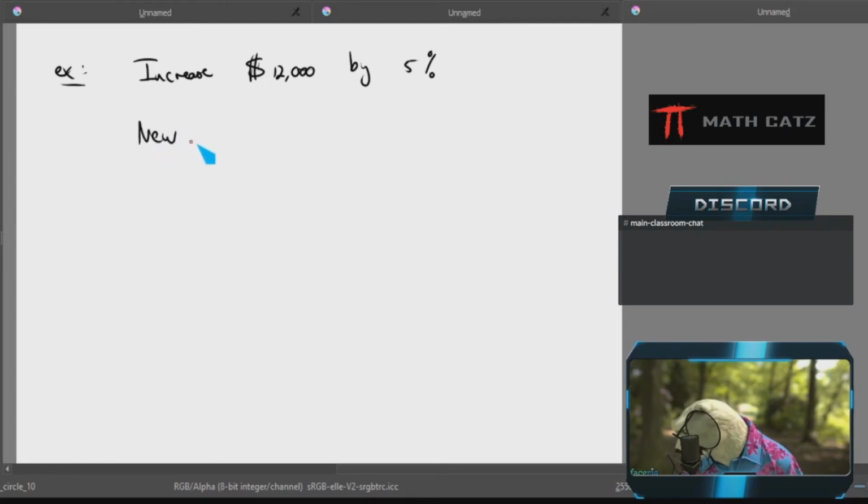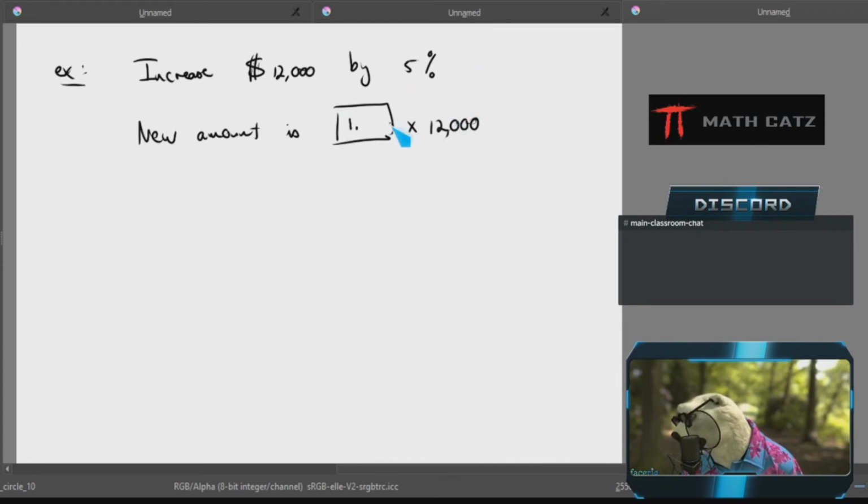Then my new amount is the decimal number I have to construct, of course, applied to 12,000. What is this decimal number? It's 1 point something, because I'm going to go up from my base 12,000.